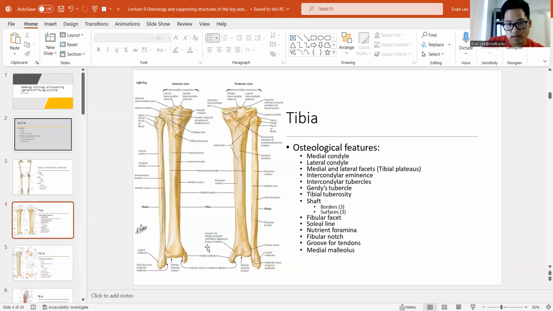That is going to be called the fibular notch. But then you also have a little groove in the back over here, which, once again, we'll talk about more in depth later, but there are tendons of muscles that will be traveling through here, quite a few prominent ones, like the flexor digitorum longus, as well as the tibialis posterior.